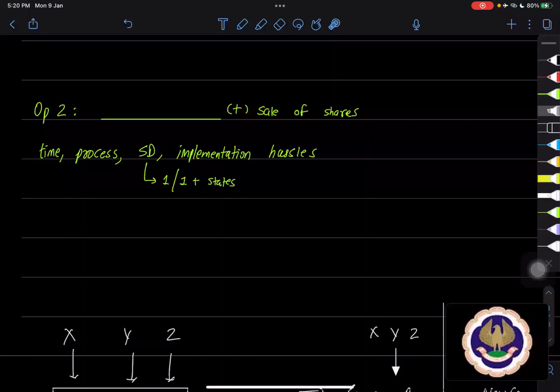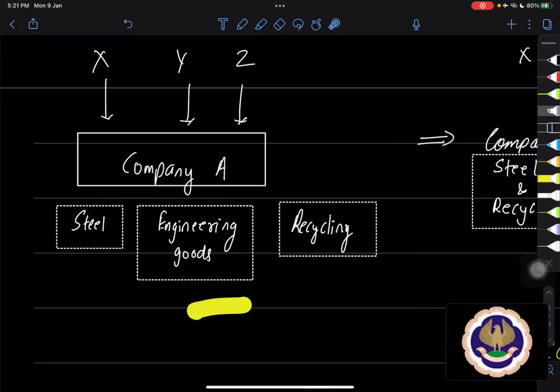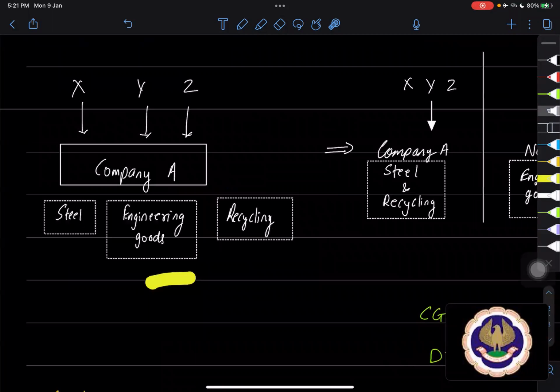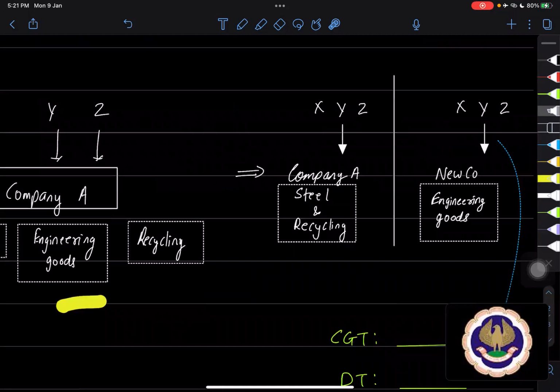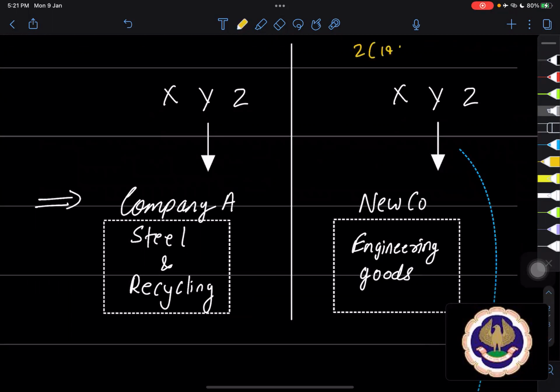So how would a sale happen through demerger? Again, this is the same structure. There's a company A. There are 3 divisions underneath company A. Now instead of going for a sale of assets, sale of business, we go for a demerger. Under demerger, which is exempt under 2(19AA), there are some conditions to be fulfilled.